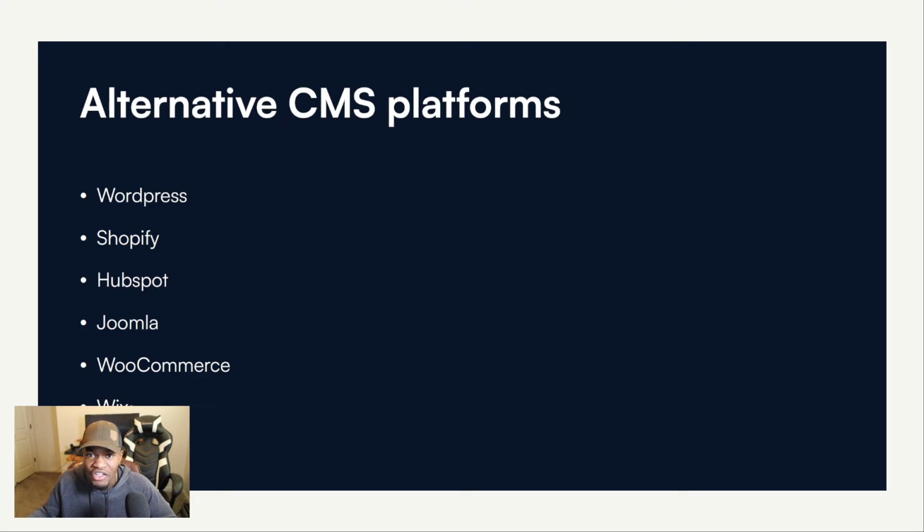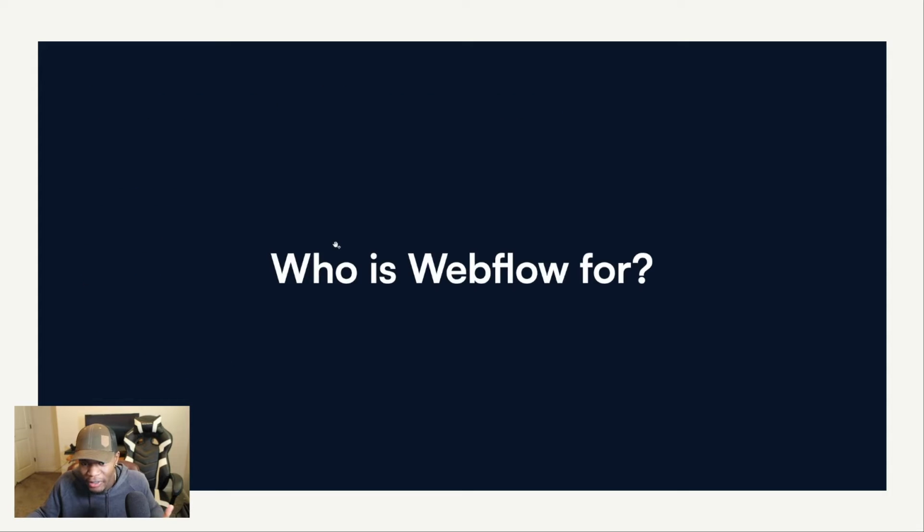So Wix, Shopify, Squarespace, they're all under the same drag and drop category of CMS platforms. The only thing about these platforms is you're really limited to what they give to you. There isn't that much room for customization as you have on Webflow, where almost everything you design is completely customizable as you like it.